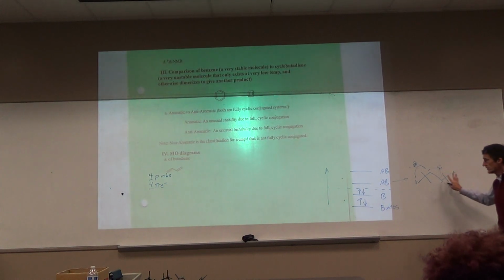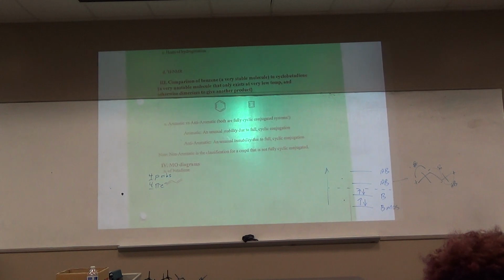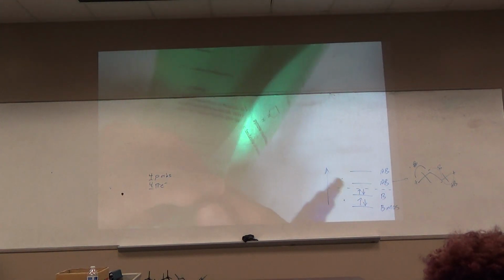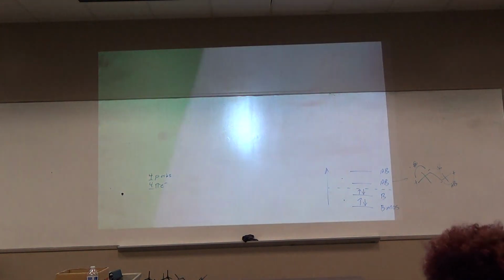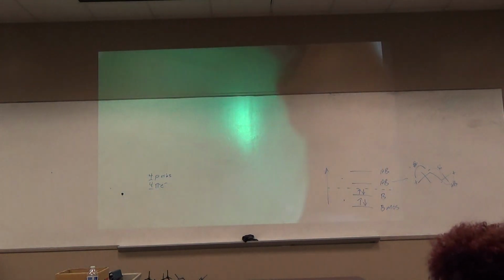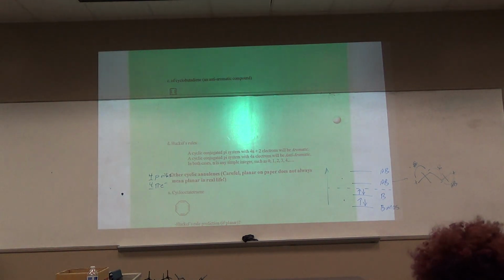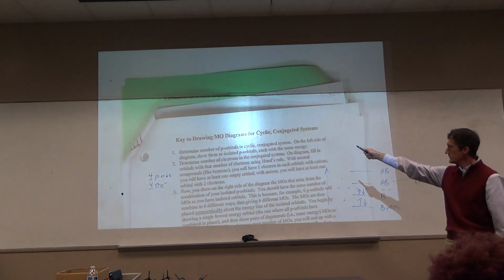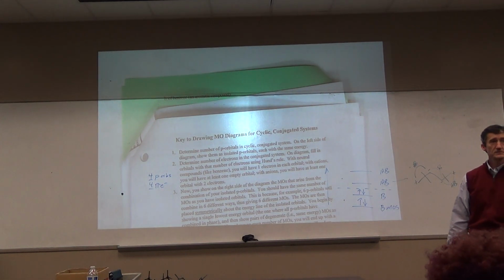Again, you can take advanced classes where you do half the class about this stuff. Okay? We're just going to do enough. Let's do this with benzene, and we'll use some of the same exact ideas. Like I mentioned in the other handout, I give you a key to drawing MO diagrams for cyclic conjugated systems.